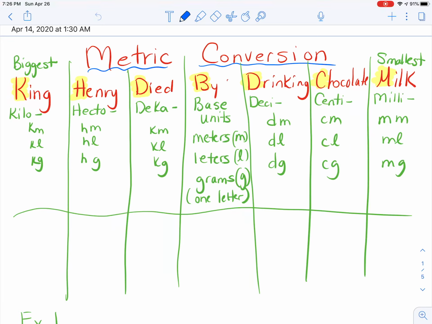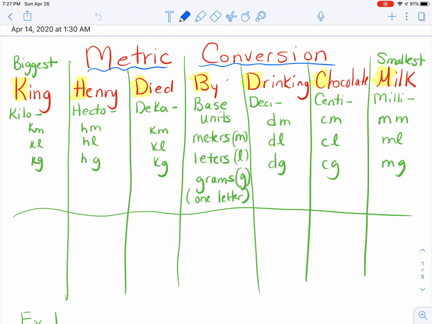The drinking stands for deci. The C in chocolate stands for centi. And the milk represents milli, which is the smallest. So the biggest unit is kilo, and it goes all the way down to the smallest unit, milli.